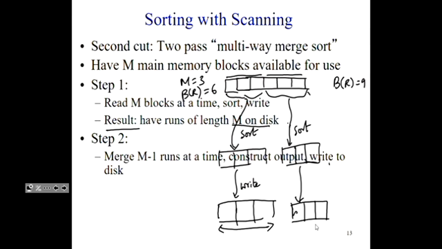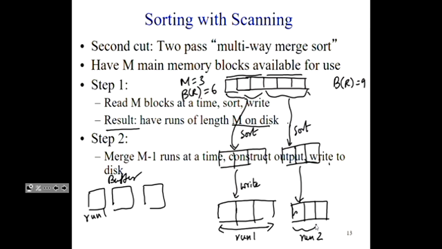The next step is to merge m minus 1 of these runs at a time. So this is run 1 and this is run 2. I'm going to have one of my 3 blocks in the buffer dedicated to run 1, one dedicated to run 2, and one dedicated to my output.